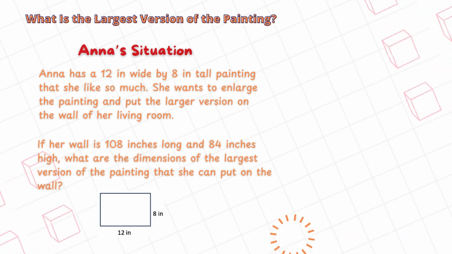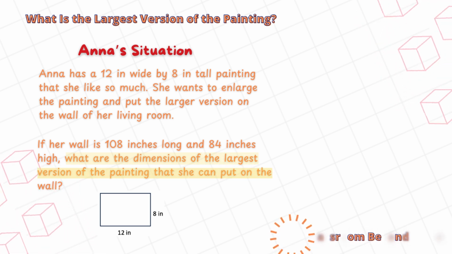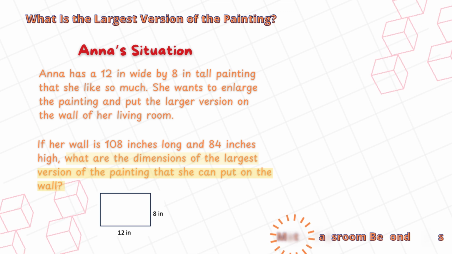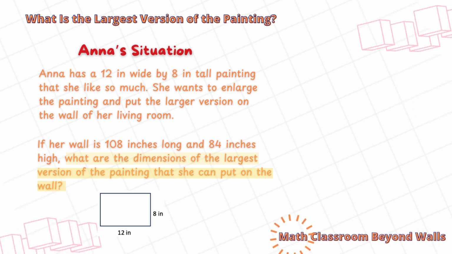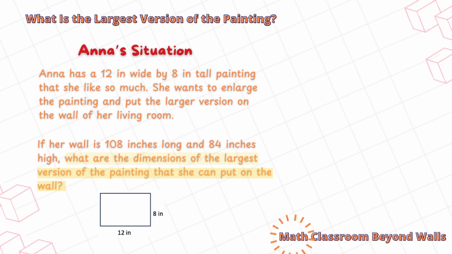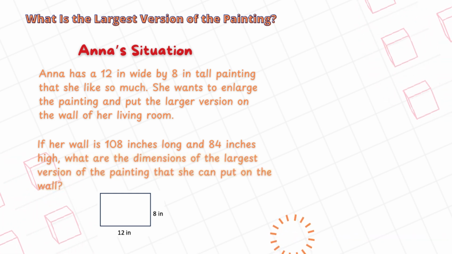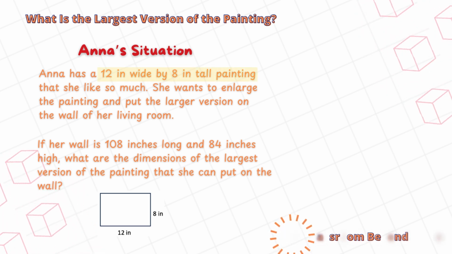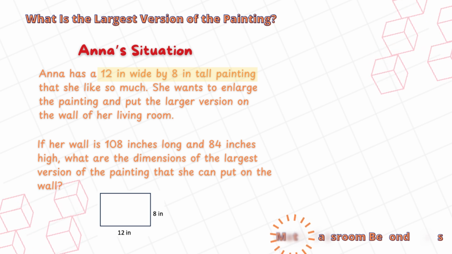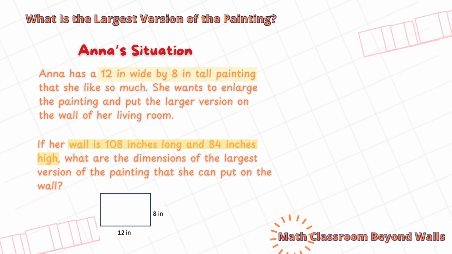Here, we are to determine the largest version of the 12 inches wide by 8 inches tall painting that Anna can put on her 108 inches long by 84 inches high wall. What are given? We're given the dimensions of the original painting, which are 12 inches wide by 8 inches tall, and the dimensions of the wall, which are 108 inches long by 84 inches high.